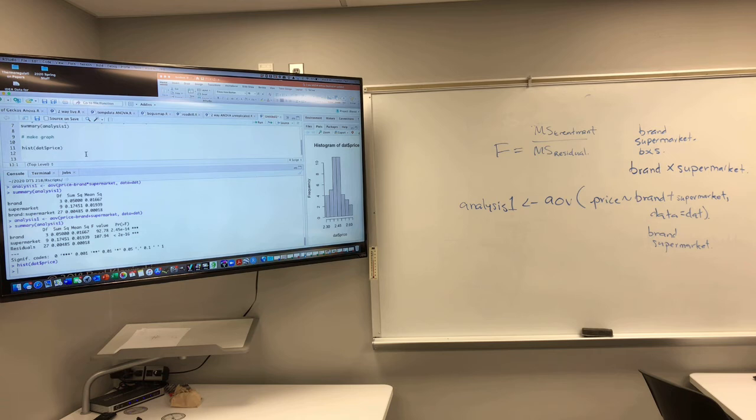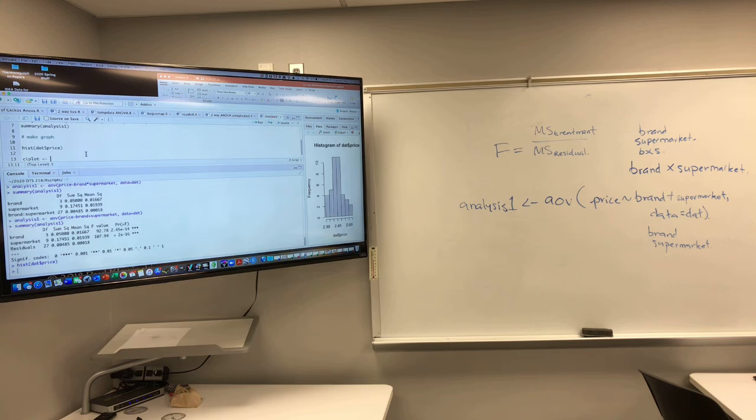What other kind of graph would we want to make? Yeah, we might want to make a graph of means and confidence intervals, right? So what's our first step in getting us there? Okay, so we'll give it a name. And then what are we going to use to summarize these data? Now you need some data for ggplot to crunch on, right?